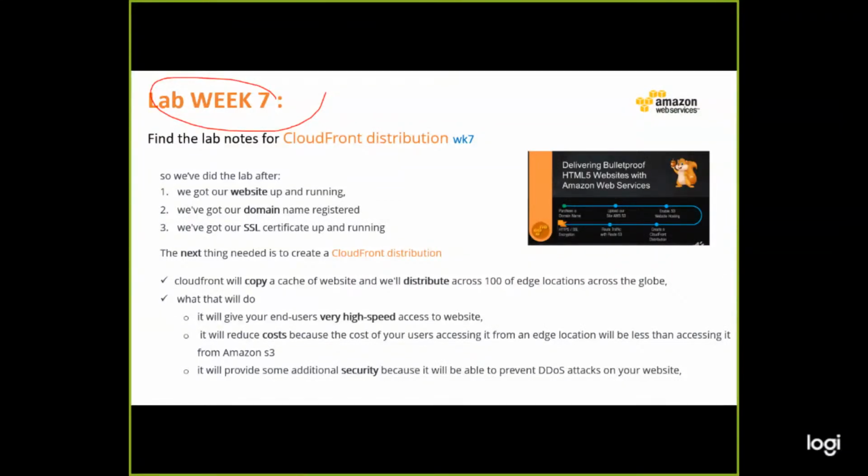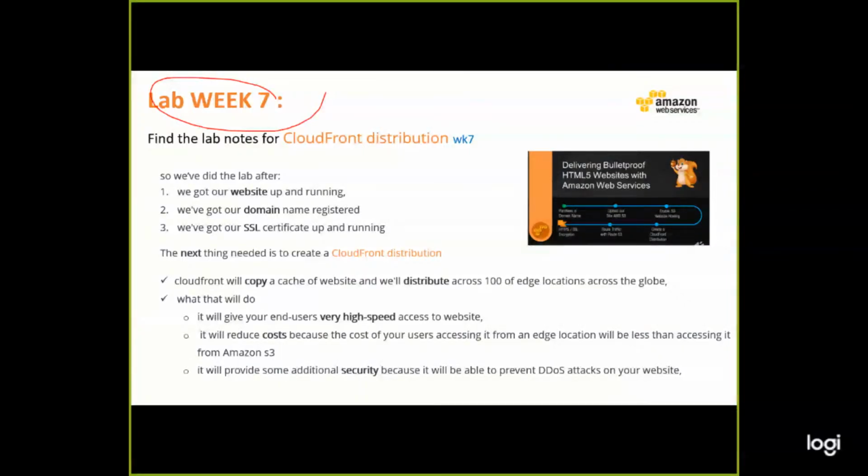What we did there, precisely, is we built our website and got it up and running. We got our domain and registered it with Route 53. The final thing we did was get our secure socket layer, the security certificate, up and running.